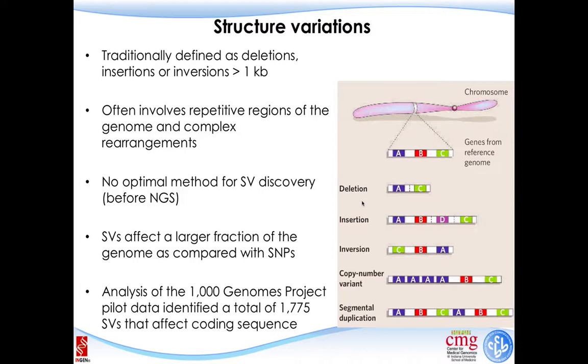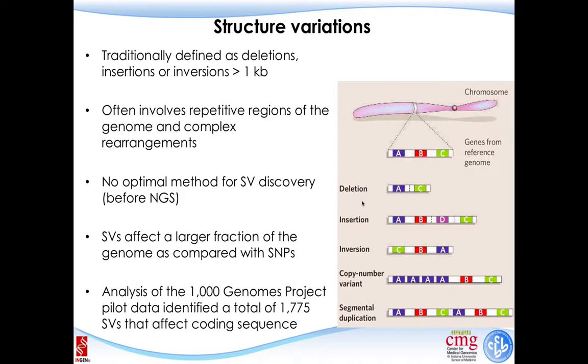If we look at these schematics, in the reference genome, this is A, B, and C. Those are not individual nucleotides, rather they are regions in the genome. Deletion, and you can see that B is gone. Insertion, where one more segment is plugged in.